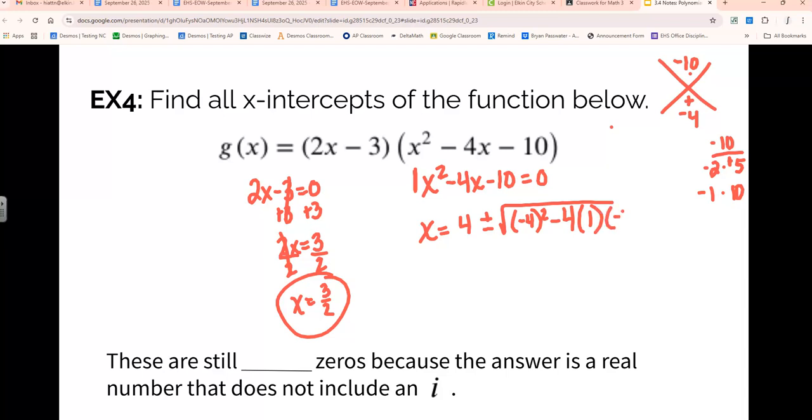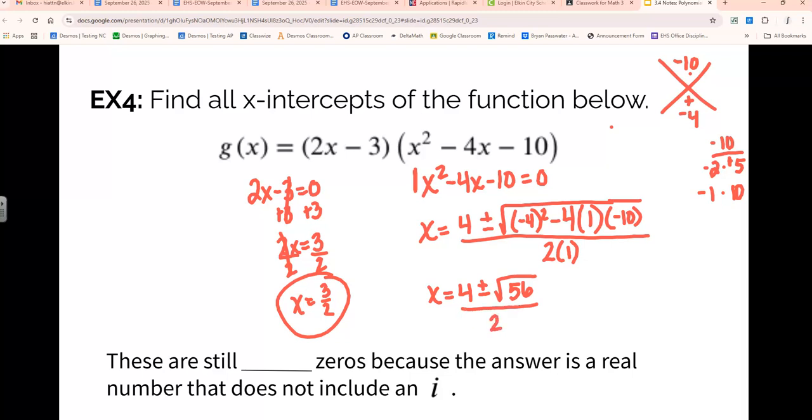My c is negative 10, all over 2 times a is just 1 there. So I get 4 plus or minus, this is going to be 16 plus 40, so square root of 56, all divided by 2 right there.